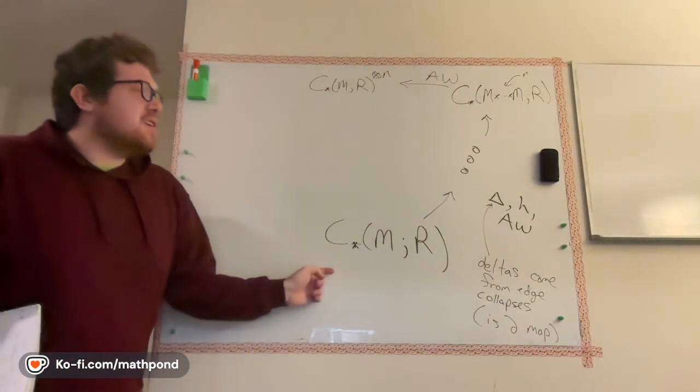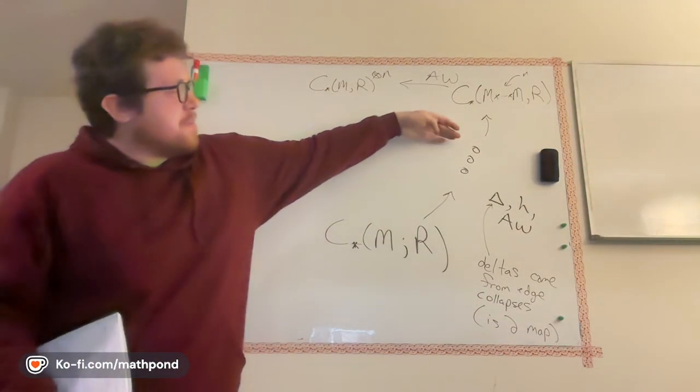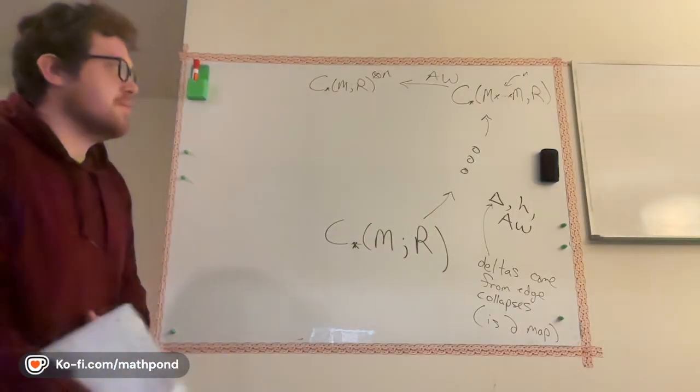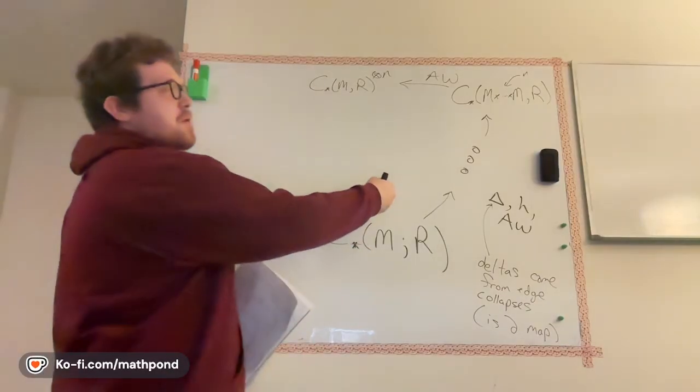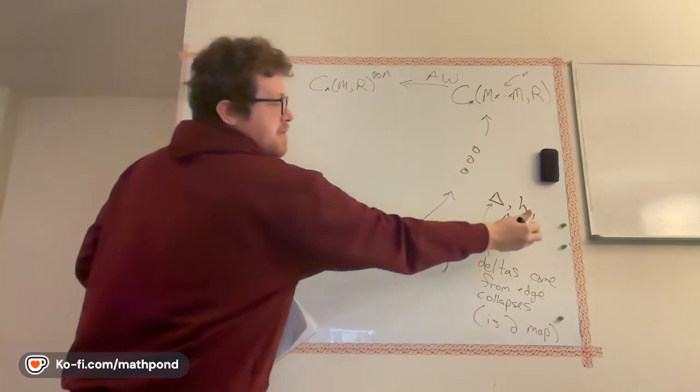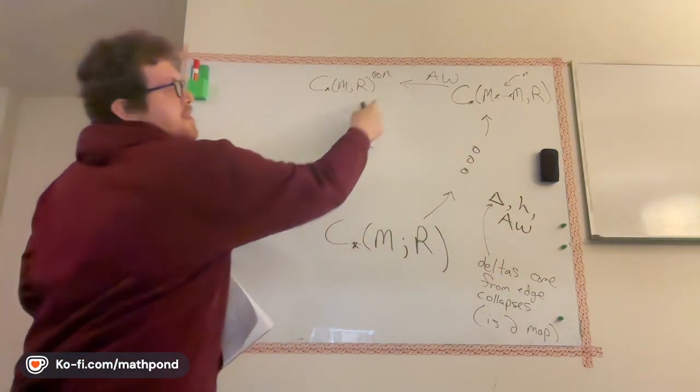So this is the composition of all these maps, which I'm being vague about here with this bubble thing. But there's a bunch of composition of maps here that include compositions of these things without AW, obviously. We just do AW at the end.